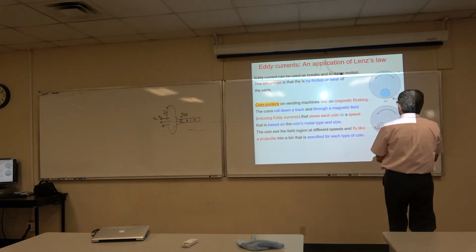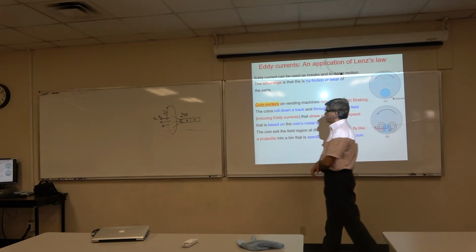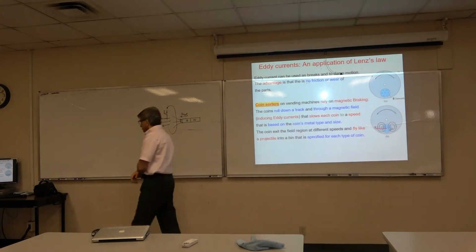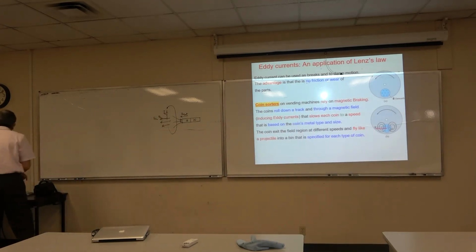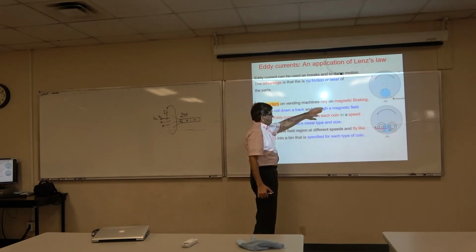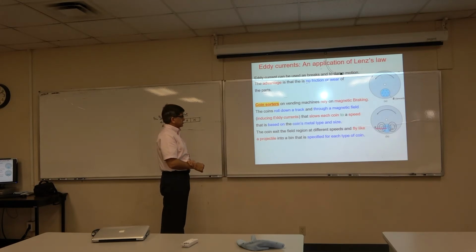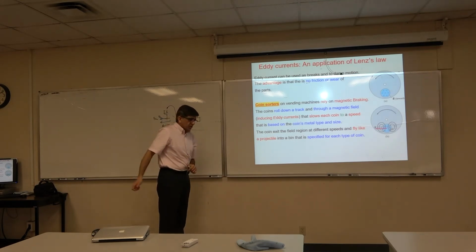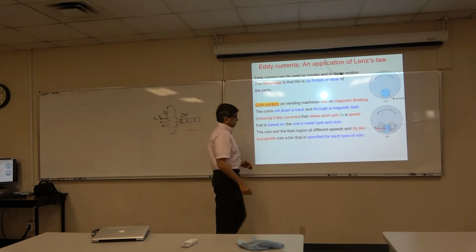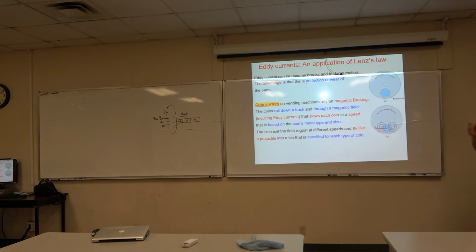So what happens is the eddy currents are used to recognize these coins, okay, during the damping motion. So what happens is the magnetic braking is used for the coin sorter. For example, if I roll the coin on the track into the vending machine, there is a magnetic flux produced in the vending machine.